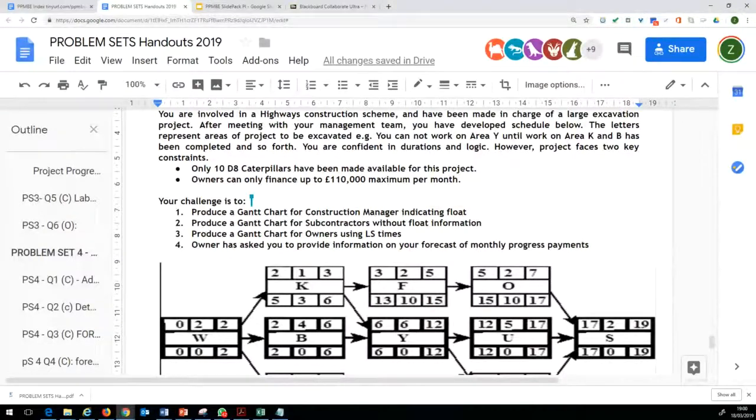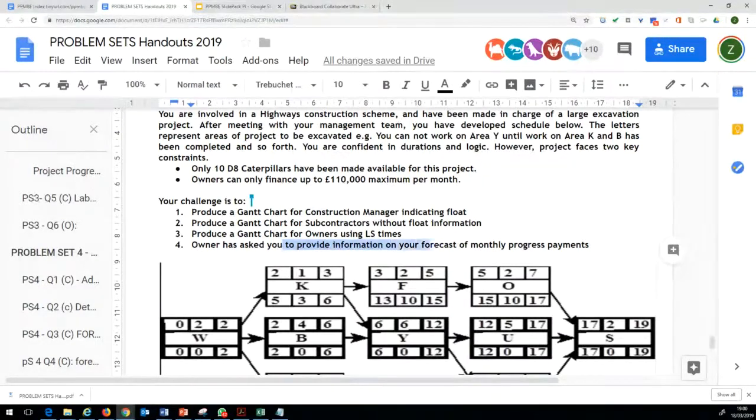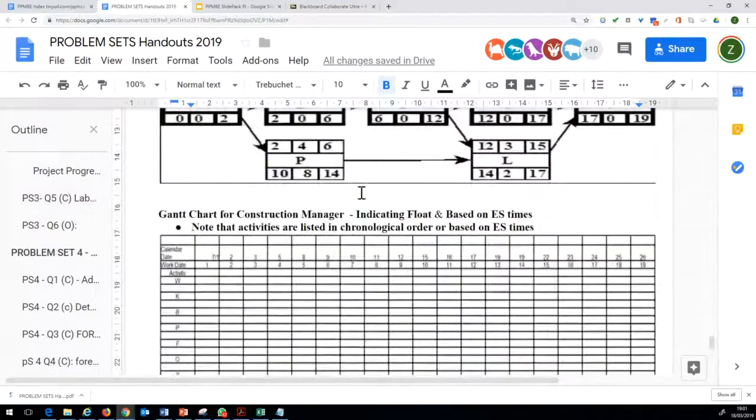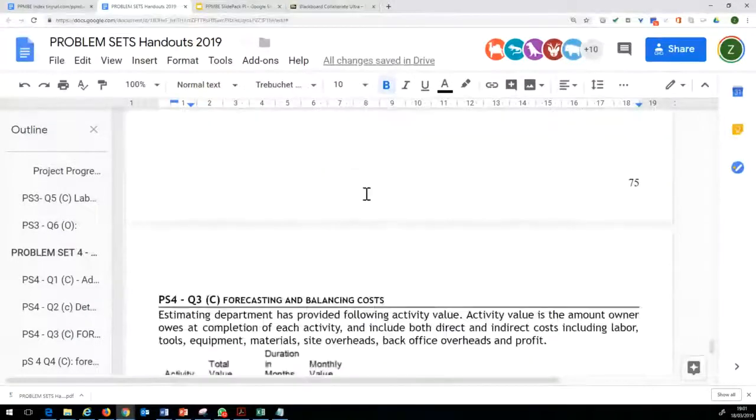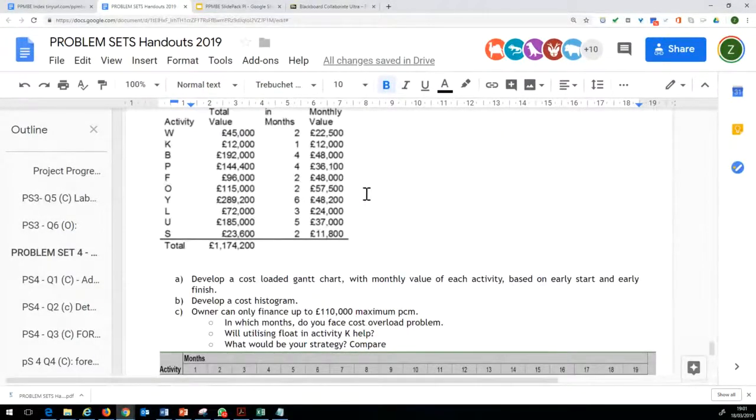Now move on to the other aspects of this case study. The owners have asked you to provide information on your forecast of monthly progress payments. So basically, owners would like to know how much expense they would be incurring every month. Right.